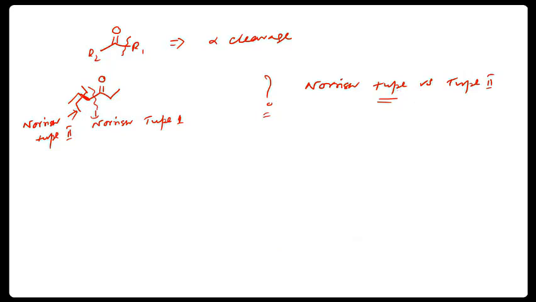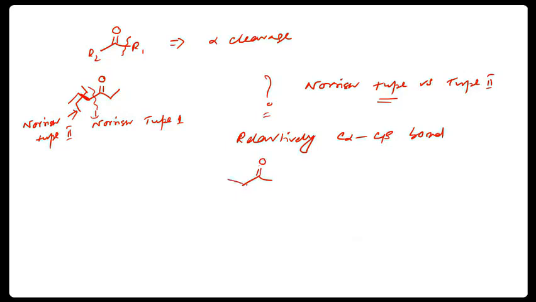Now, when Norrish type 2 occurs, as it's a beta cleavage, definitely there will be a relatively weak C alpha C beta bond. How is that?